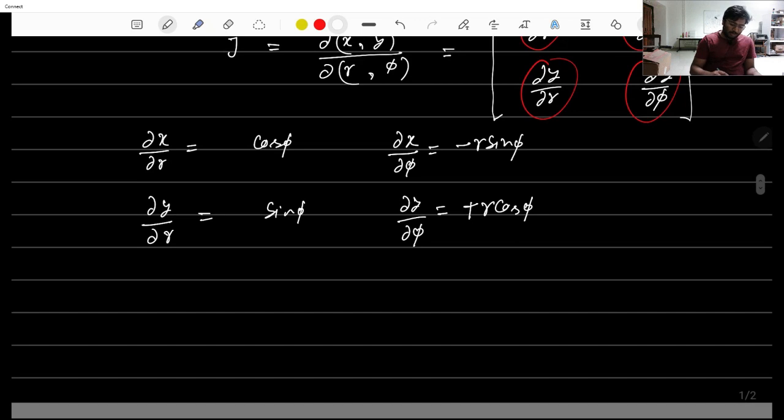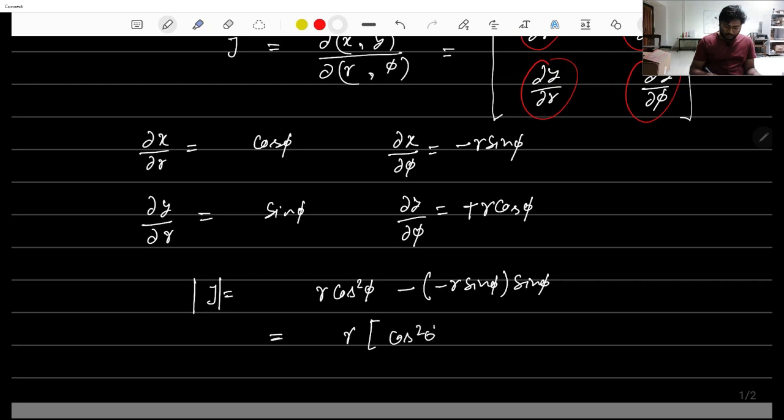Now, put these four elements in the Jacobian matrix and take the determinant. If you do so, the determinant of J becomes r cos square phi minus minus r sin phi, which is nothing but r times cos square phi plus sin square phi.